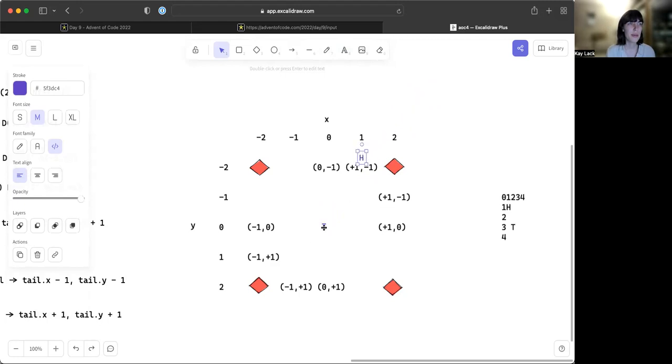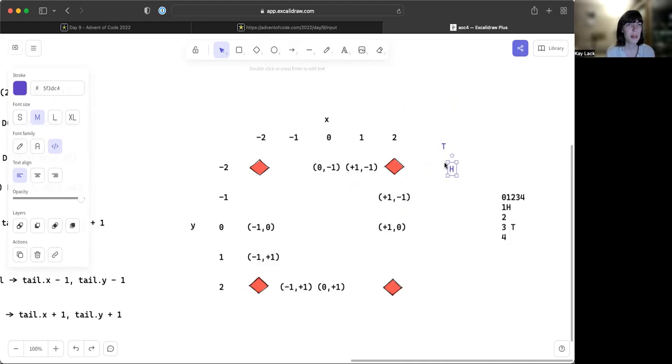The tail should move 1 on the X, -1 on the Y. Okay, interesting. Let's keep these. And then if tail's here and head is 2 to the right, 1 up, tail should move +1, -1. Yeah, perfect, great.